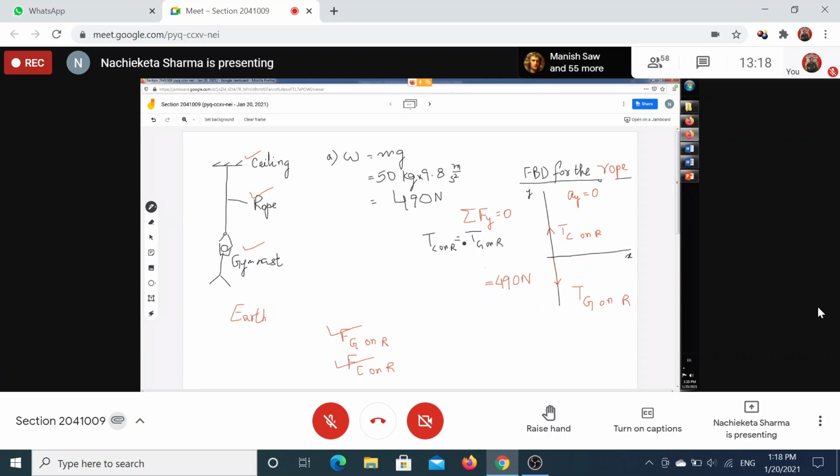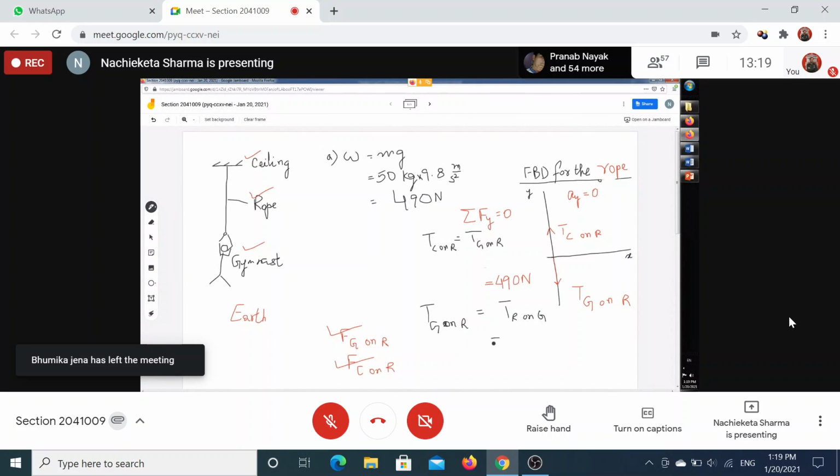But what is T G on R? Because they are action and reaction, the magnitude of T G on R is also equal to, in magnitude only, T R on G. We have already found out the tension of the rope on the gymnast in part B, isn't it?